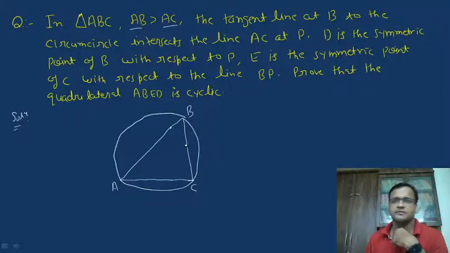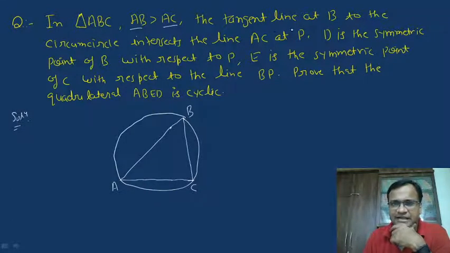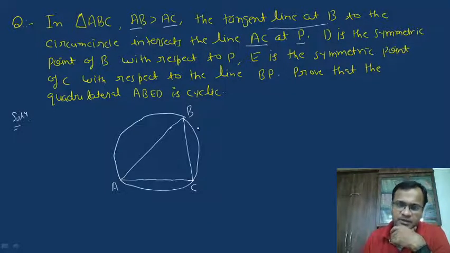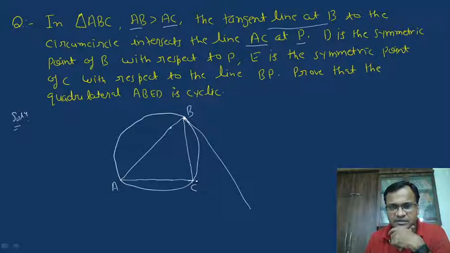There is the circumcircle of triangle ABC, and the tangent line at B to the circumcircle intersects the line AC at point P. So now I am going to draw the tangent line to the circle at point B. This is the tangent line, which intersects the extended AC at point P. This is the point of intersection P.